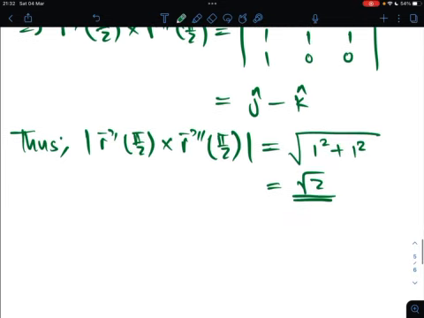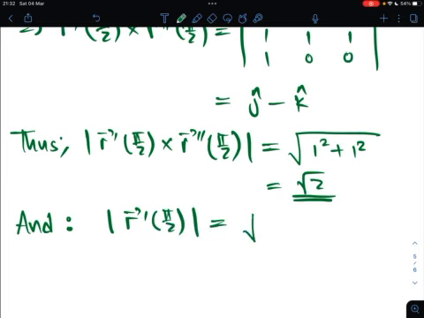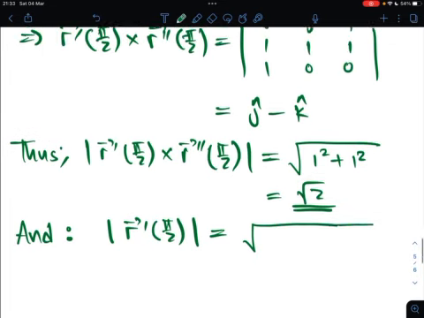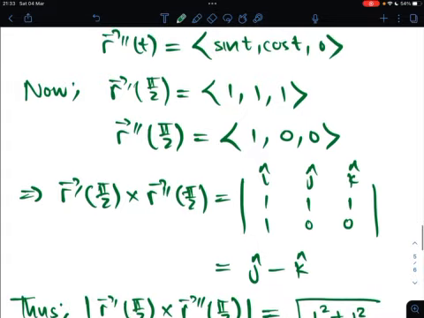The other thing we need is to evaluate the magnitude of r prime at pi over 2, which is going to be the root of what? I've just realized something that I forgot in the previous question, which I'm going to correct here. If we check this vector, we see that it was 1, 1, 1.